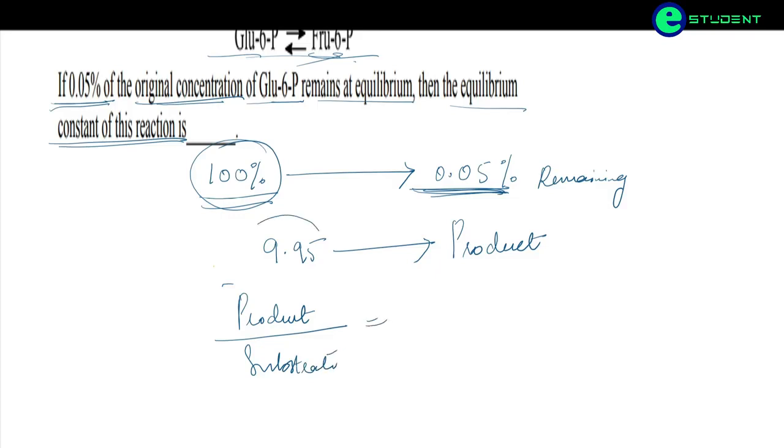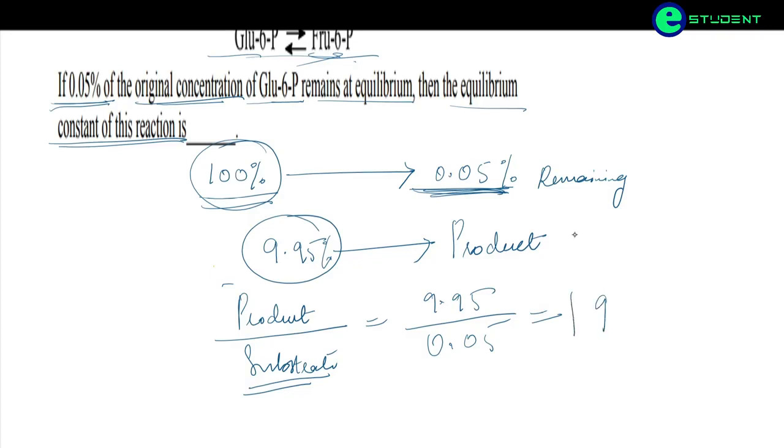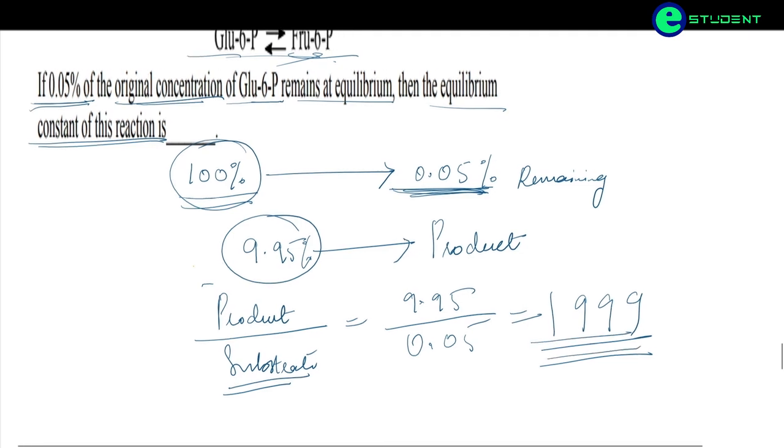The concentration of product here is 99.95%. The substrate concentration is whatever is left, that is 0.05, which is going to be equal to 1999. So the equilibrium constant of this reaction is 1999.